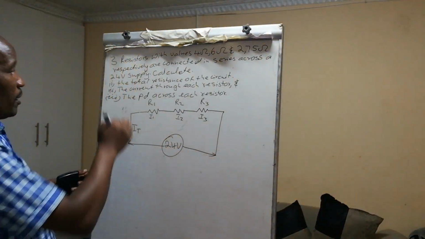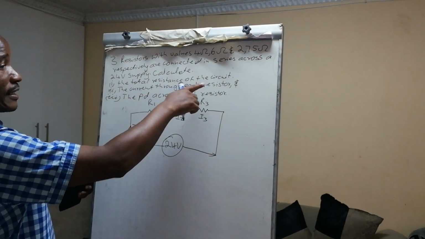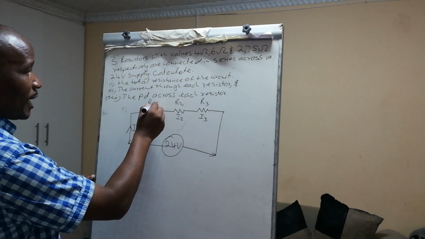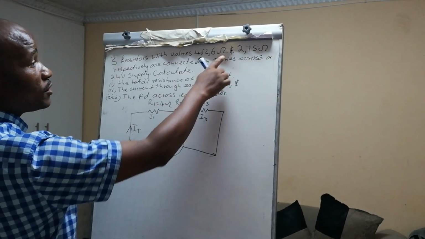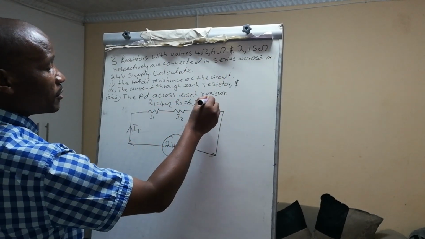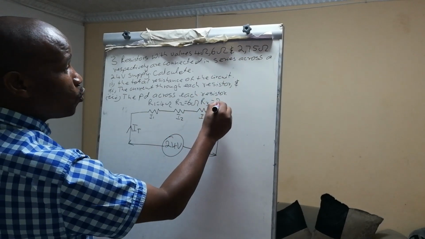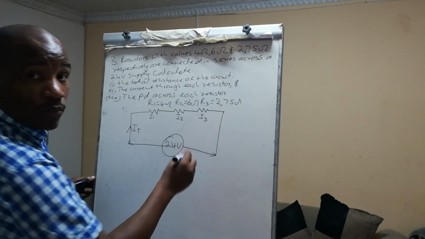Now, let's calculate the total resistance. You are told that this one is 4 ohm, this one is 6 ohm, and this one is 2.75 ohm.